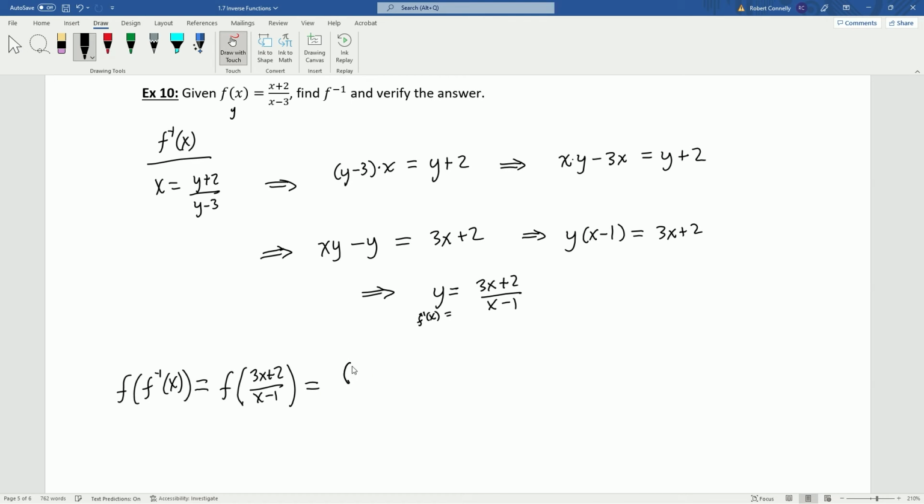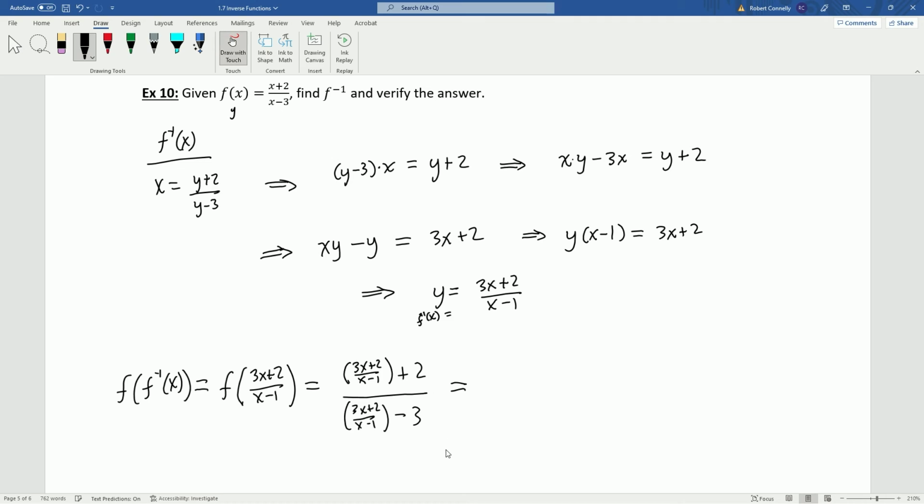That's 3x plus 2 over x minus 1, plus 2, divided by 3x plus 2 over x minus 1, minus 3. So all I've done here is plugged in this internal function into my original function.